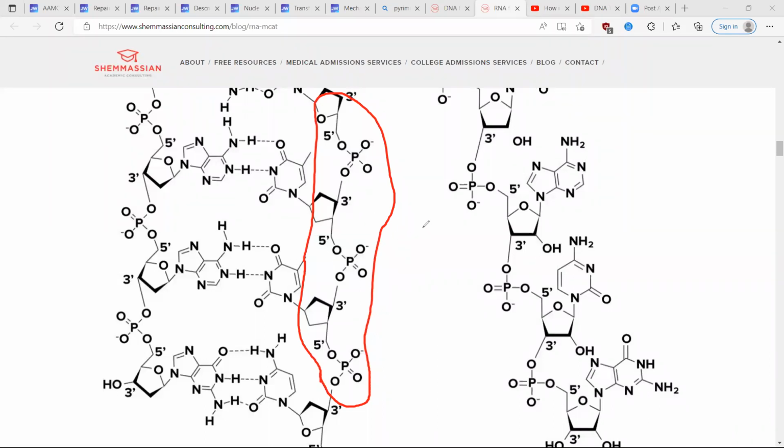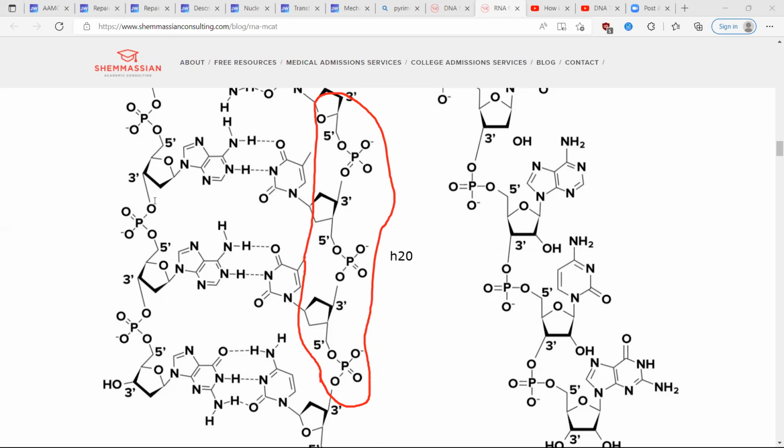Is water polar or non-polar? Water is polar, right? So will polar want to be with polar or will non-polar want to be with polar? Polar with polar, correct. So if we have our water over here, does the water want to be next to the negative backbone or on the inside with these aromatic groups? Next to the negative, exactly. So now we start to understand why DNA is the way it is.